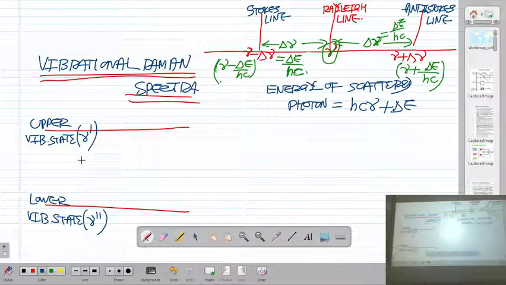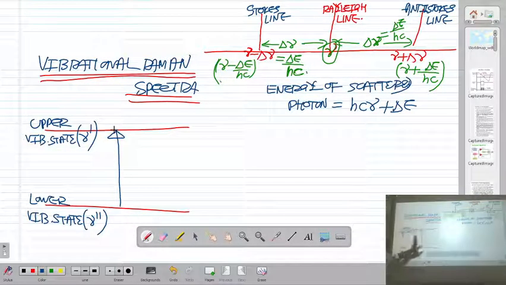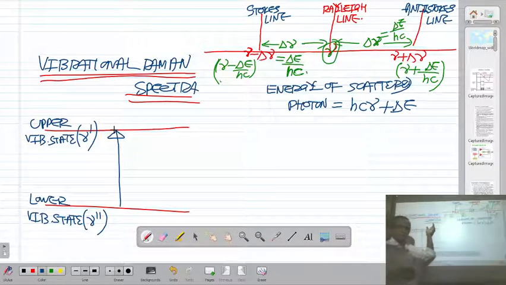Now, when the molecule makes a transition between the lower vibrational state and the upper vibrational state, we will get a vibrational Raman spectra. So vibrational spectra is obtained when a molecule makes a transition between two vibrational levels belonging to the same electronic state.